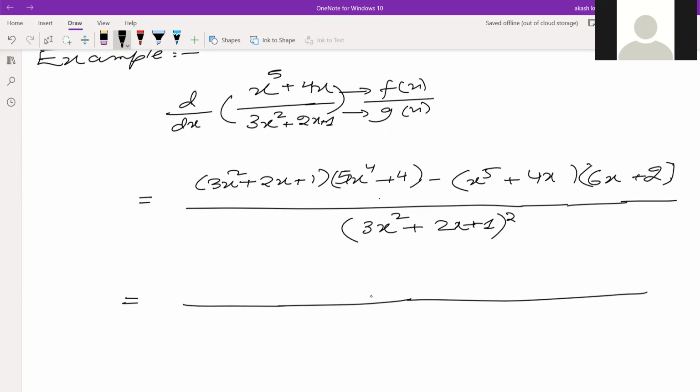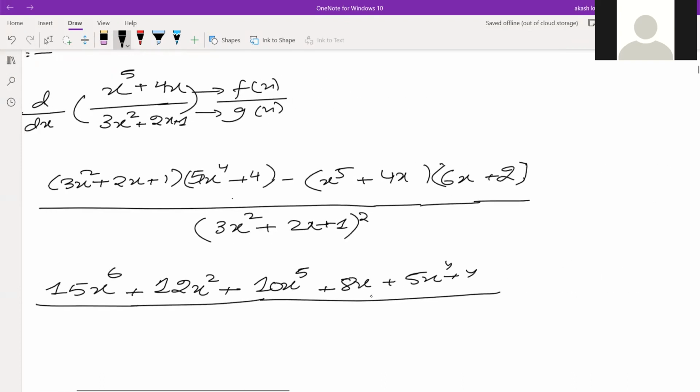So 5 times 3 is 15, and x times 4 and x times 2 will be x6, plus 12x square, plus 10x5, plus 8x, plus 5x4 plus 4. Is it clear? Yes.